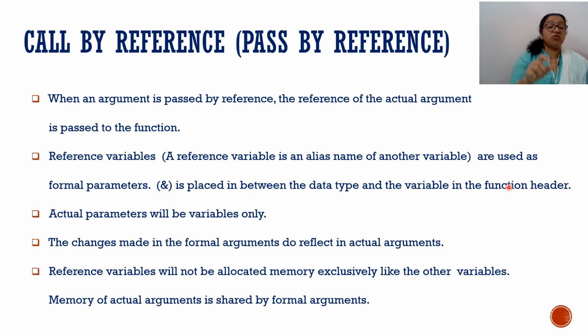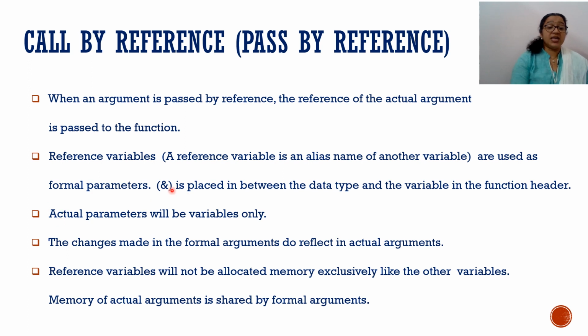When you are using the formal parameters, use that sign, the ampersand sign, in between the data type and the variable. Now the computer will take it as a reference variable. That means we are giving a substitute name for the actual one. Clear?